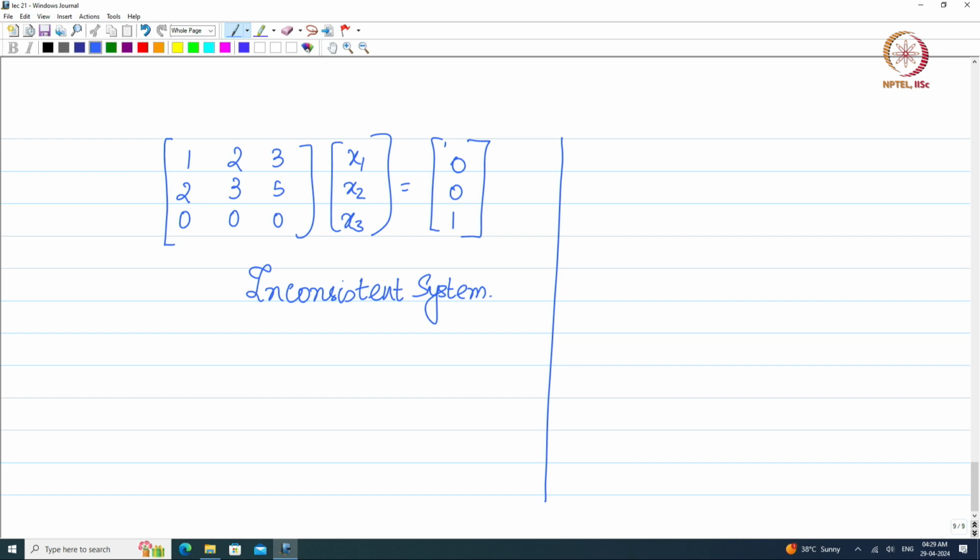And when you look at infinitely many solutions, you have 3 equations, 3 unknowns, and correspondingly a matrix of 3 columns and 3 rows, and a right hand side vector B. Infinitely many solutions basically corresponds to the case where the determinant of the matrix is 0.